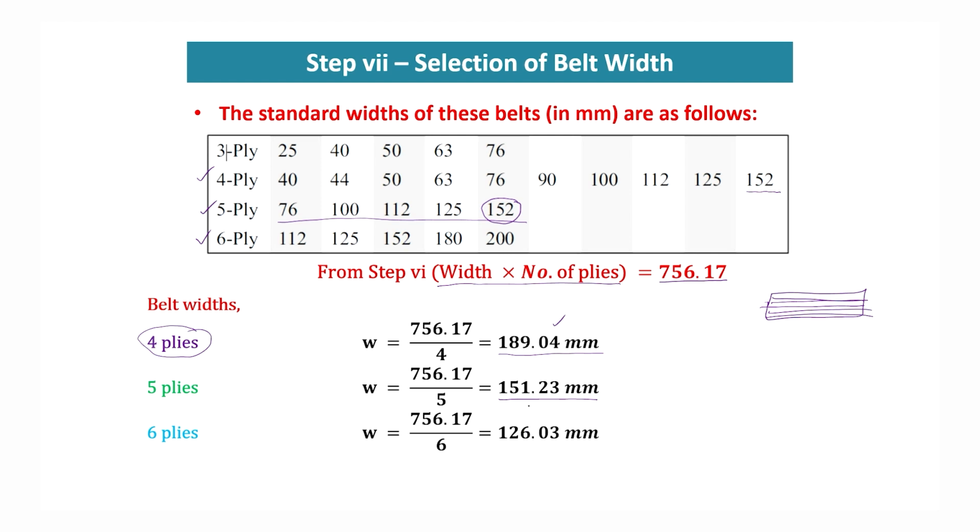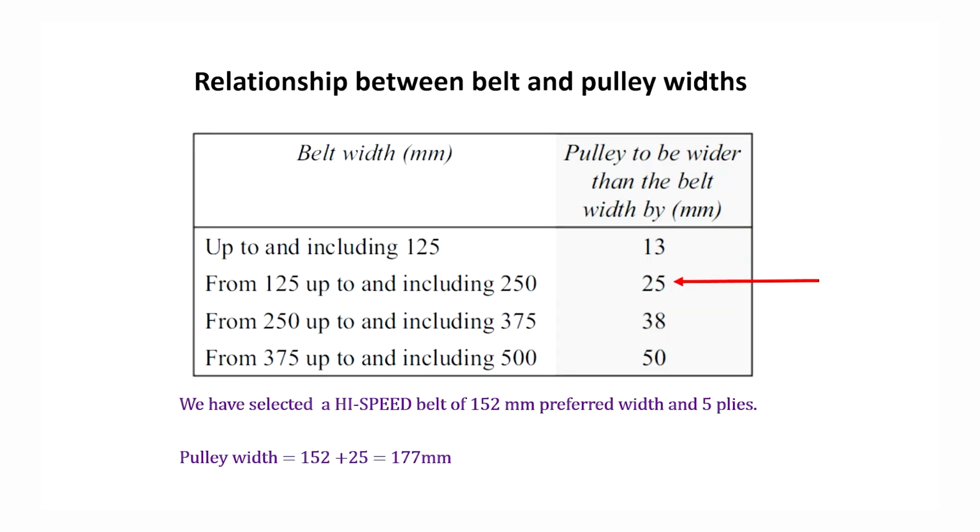So we may go for 152. In both the cases, we are having 152, so why not take the 5 ply? We are selecting 5 ply and the width will be taken as 152. So we shall select a high speed belt of 152 mm preferred width and 5 plies.